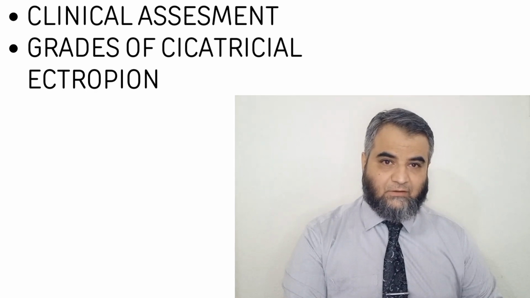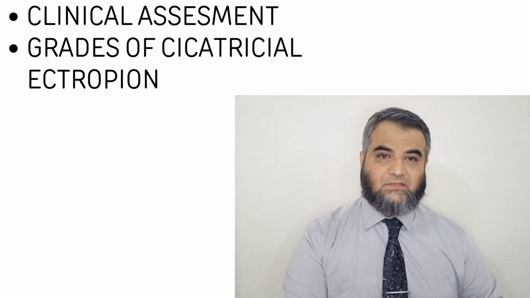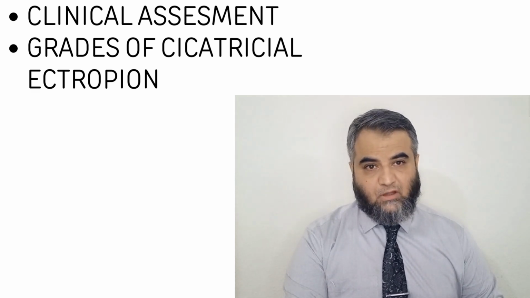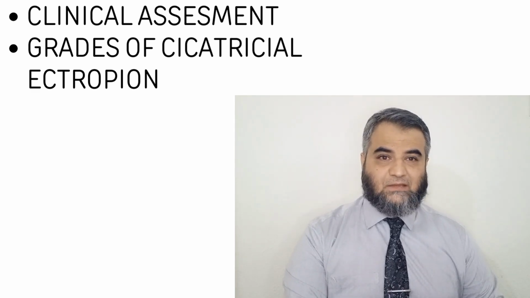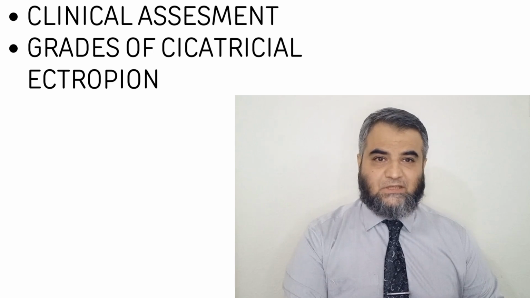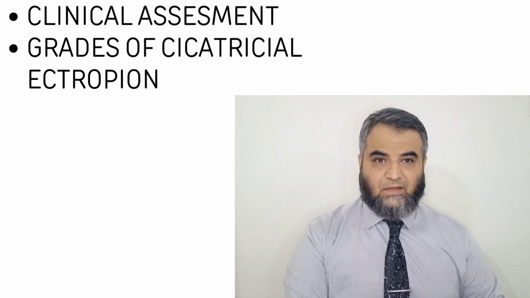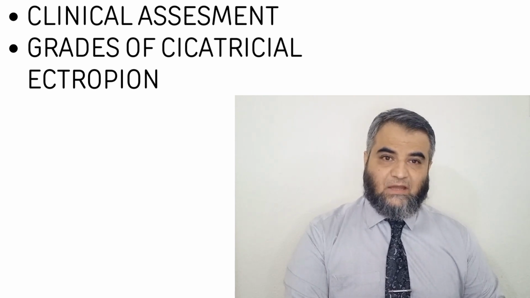And after that, grade 4, when the fornix is also visible. This is the most severe form of cicatricial ectropion. This photograph, which I have shown you, most likely lies in grade 3, because you can see the palpebral conjunctiva, it is exposed. So this is the grading system.